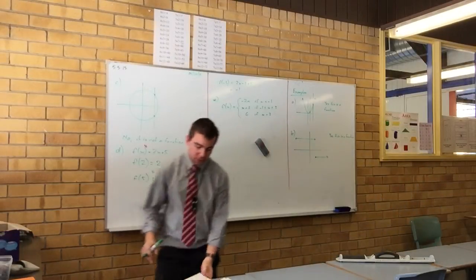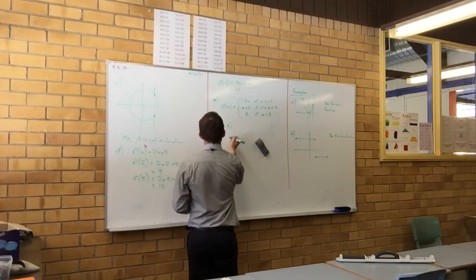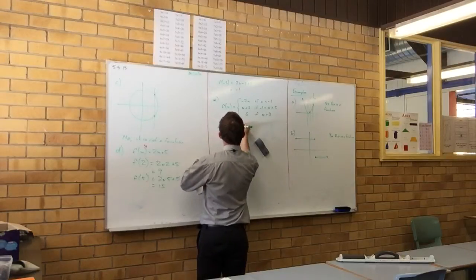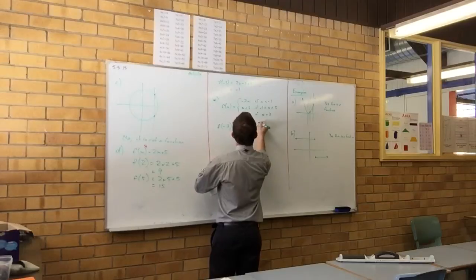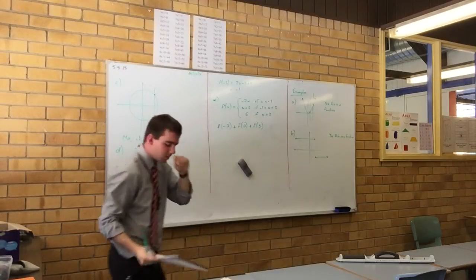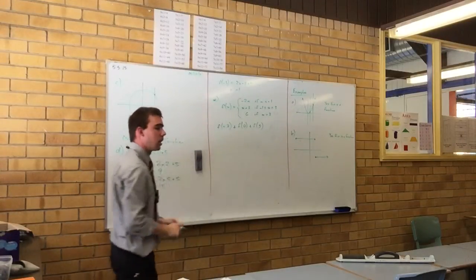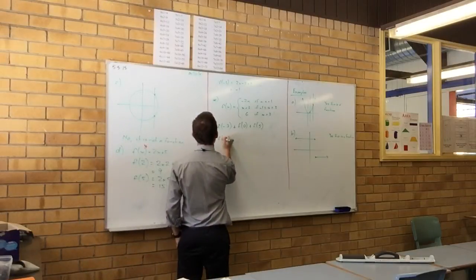Alright, the question asks you to find f of -3 plus f of 0 plus f of 5. We need to find those three values and add them together. So let's do it bit by bit. First we'll do f of -3.